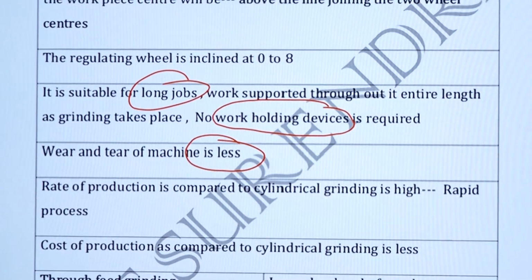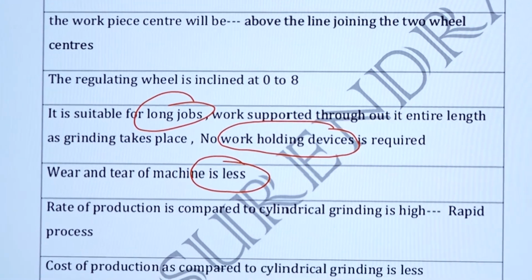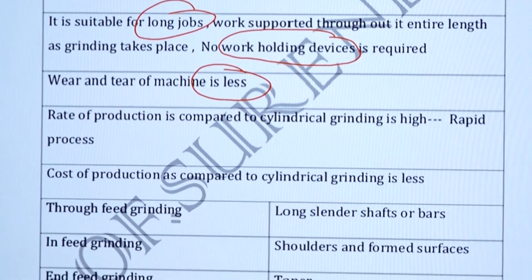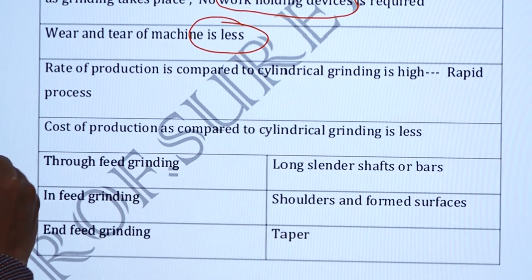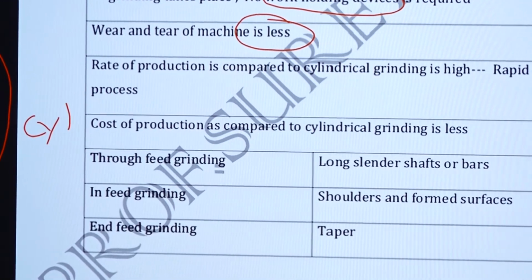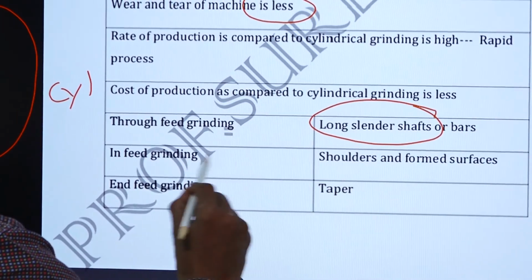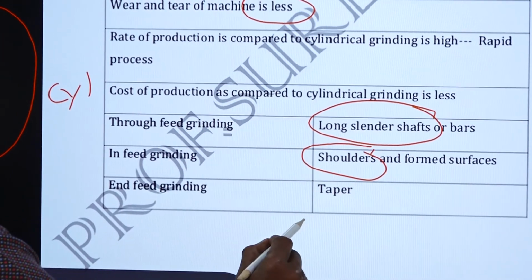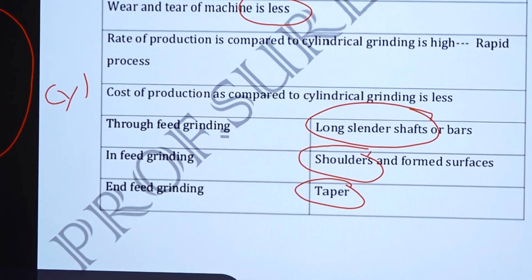So no work holding device in centerless grinding, because the workpiece is supported between the regulating wheel and the grinding wheel. We have three types of cylindrical grinding: through feed grinding, in feed grinding, and end feed grinding.